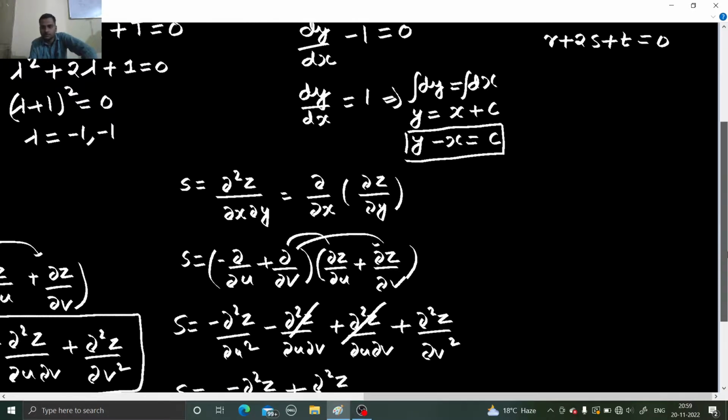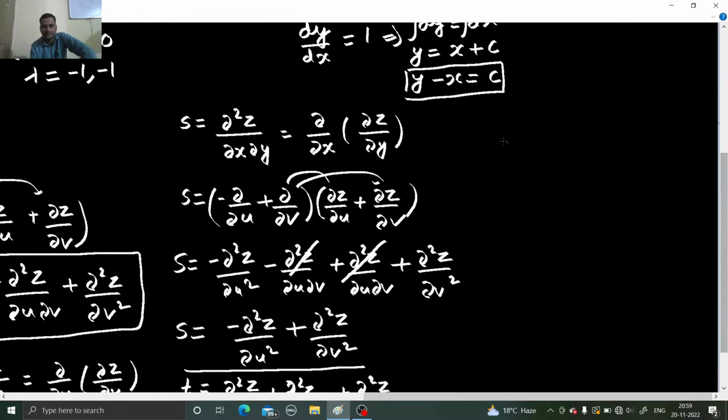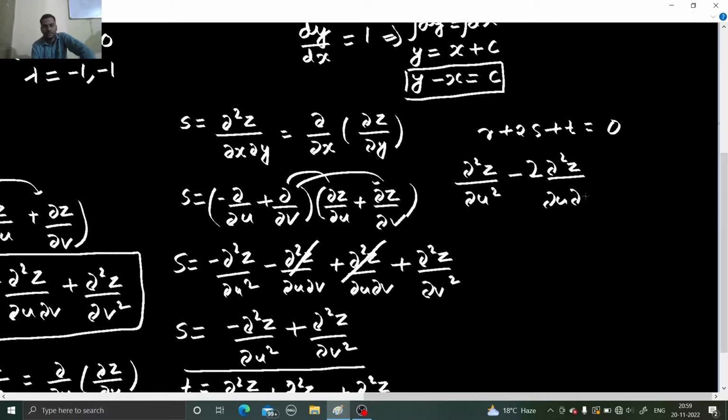So this is r plus 2s plus t. So r is del 2z by del u square minus 2 times del 2z by del u del v plus del 2z by del v square, and 2 times of s.